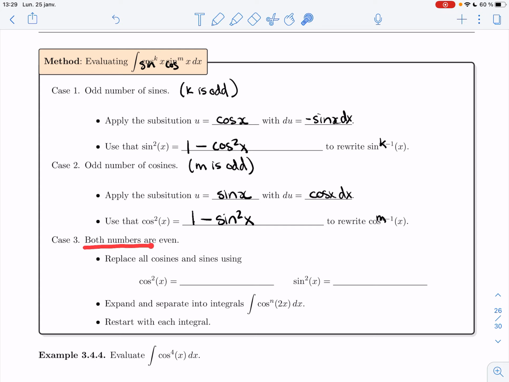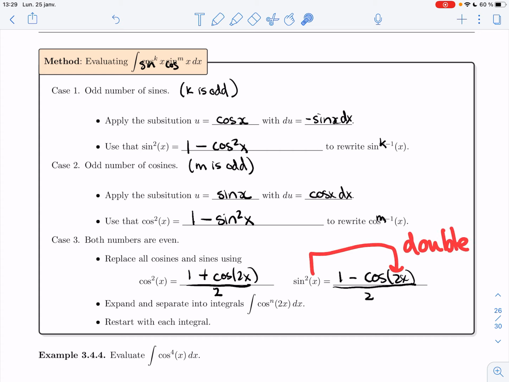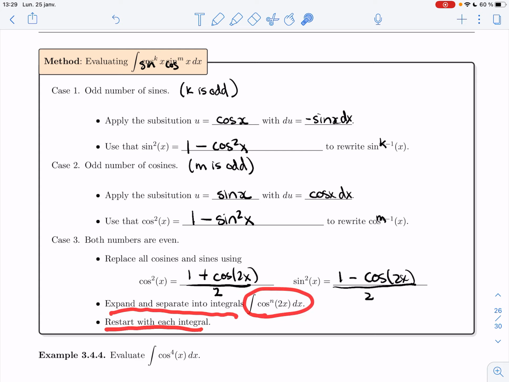If both numbers are even, you replace all cosine and all sine using that cosine squared is (1 plus cos 2x) divided by 2, and sine squared is (1 minus cos 2x) divided by 2. Every time you apply it, you double the angle. You expand and separate the entire expression into integrals that look like this, and then you restart with each integral.